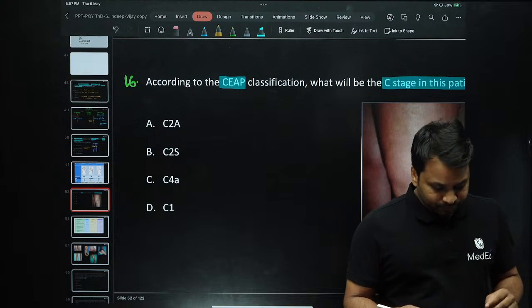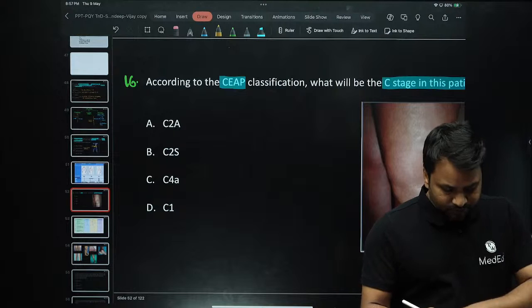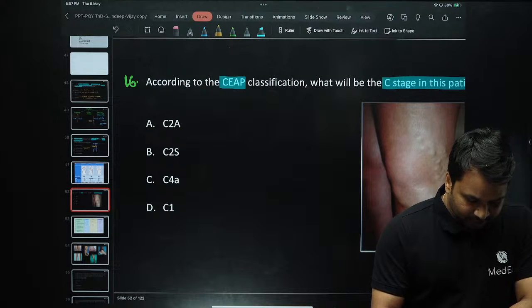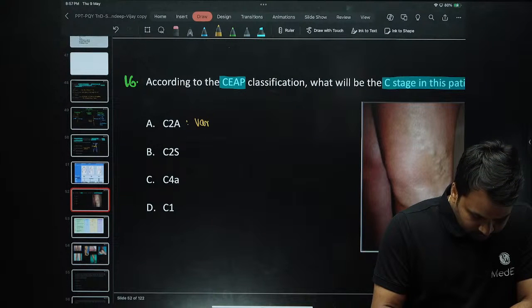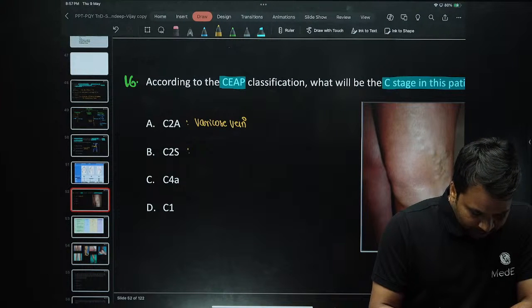When we say the classification, C2 is your varicose vein. C2S is your recurrent or secondary varicose vein.